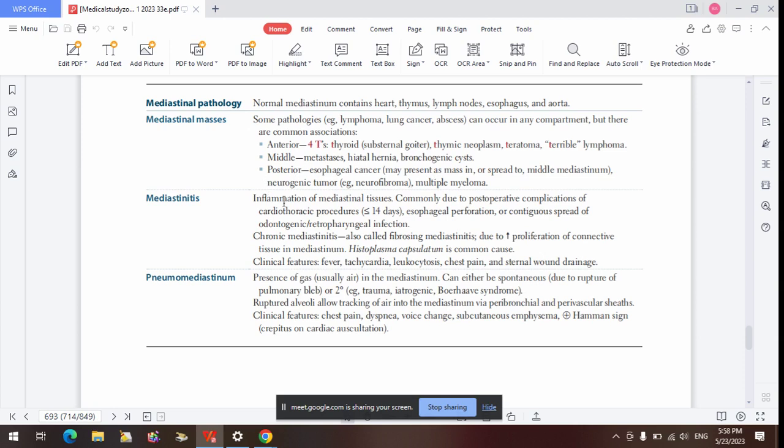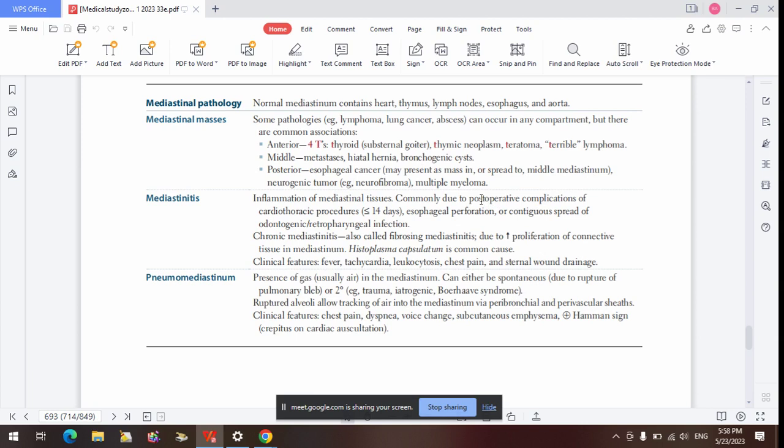The posterior compartment, we've said it. So, okay, they moved esophageal cancer to posterior. Oh, I get it now. So it may present as a mass or spread to or can occupy the middle mediastinum. Ideally, the esophagus is actually occupying the middle, but because the esophagus is very proximal to the spine, it can also spread to the posterior mediastinum.